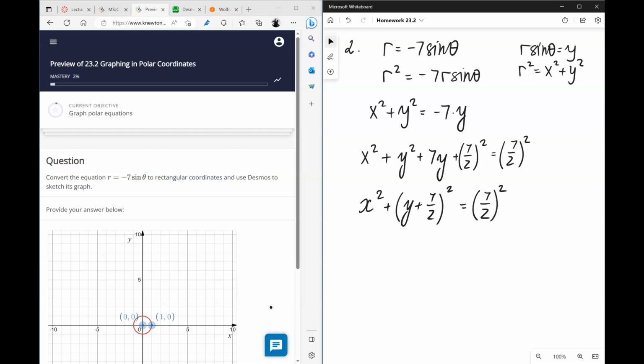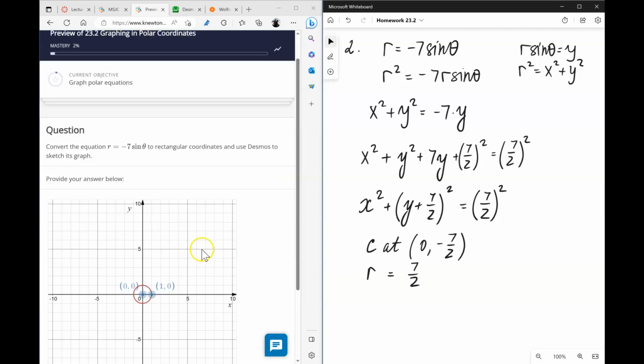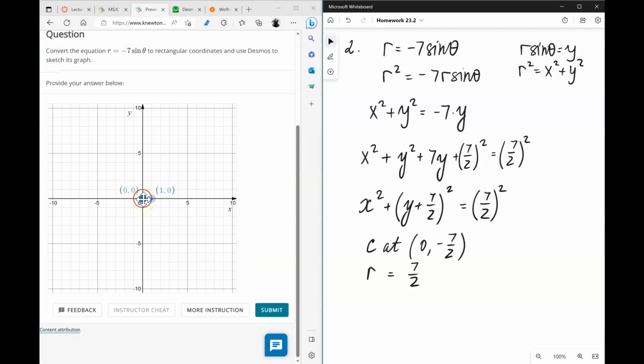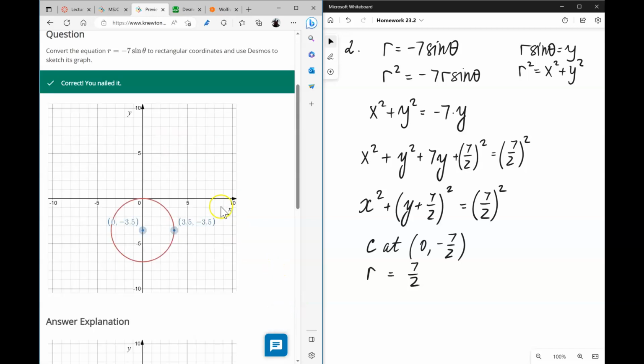So we have a circle centered at 0, -7/2, and radius is 7/2. 7/2 is 3.5. So this is the center. And it's touching the origin, so this is the graph.